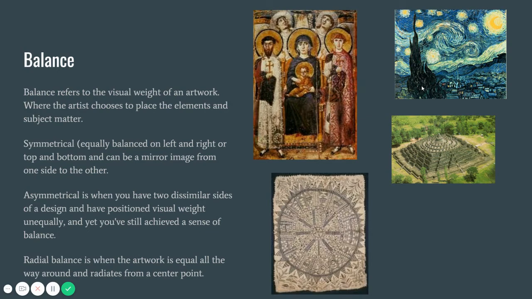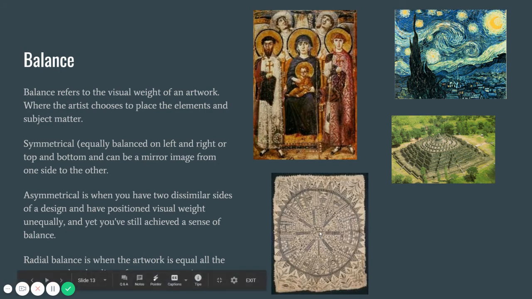And then the last type of balance is called radial. Radial balance is when the artwork is equal all the way around and actually radiates from a center point. So I've included a couple examples.